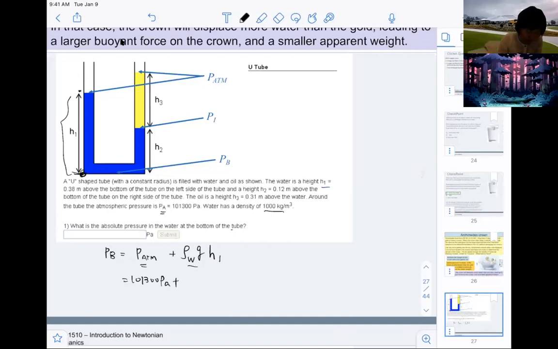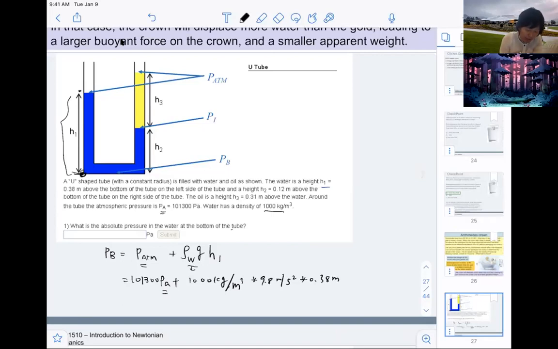And we can plug in the SI unit. We plug in SI units for density and everything else. We will get a pressure that is in the same unit as here, Pascal. So we need 1,000 kilograms per meter cubed times 9.8 meters per second squared times 0.38 meters. So I'm using SI units for everything.